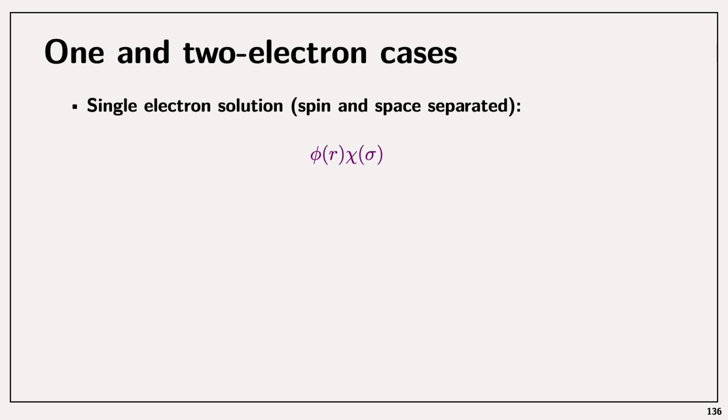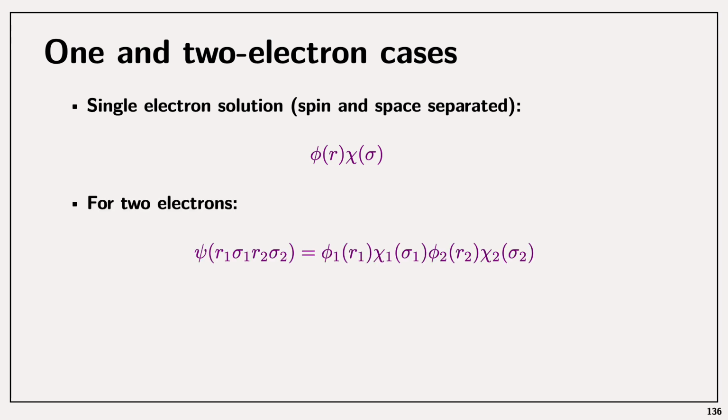So for a single electron, of course, we can just do a product. There is no problem with the anti-symmetric nature since we have only one electron, so there is no such thing as exchanging them. For two electrons, we have a product of solution, and here I separated the spatial part, psi, and the spin part, chi. And once again, in this case, this solution here is indeed a product of atomic orbitals, but it is not anti-symmetric.